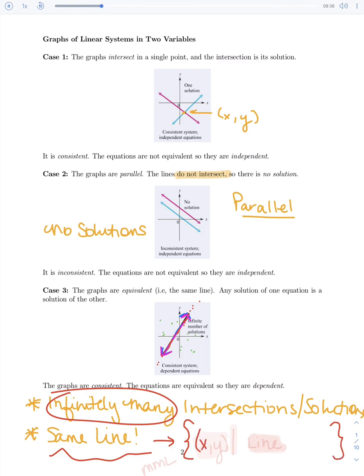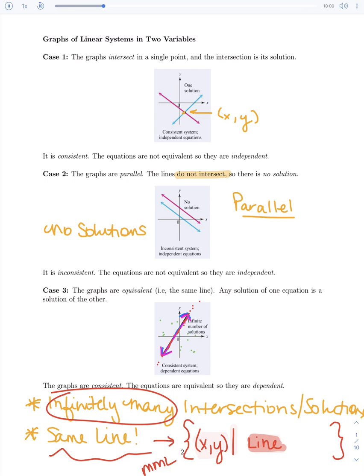We want all the points, all the X's and Y's. This line means such that, and then you'll put an equation of your line here. Technically, it doesn't matter which line you put there because they are the same line, but they usually like the one that's the smallest. There, that is when we are putting our answers into MyMathLab.